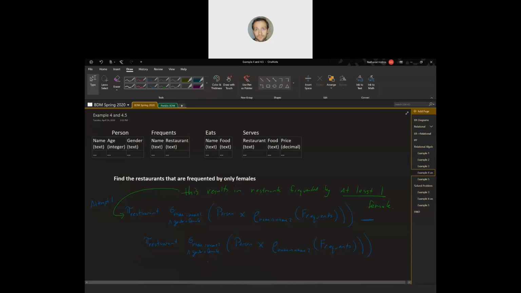Those frequented by only males. Male. Frequented by at least one male.